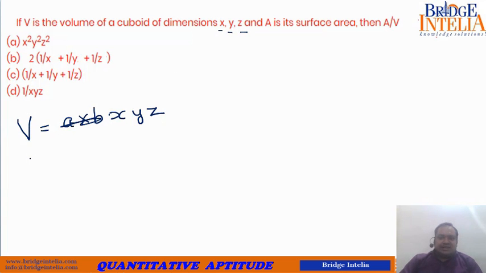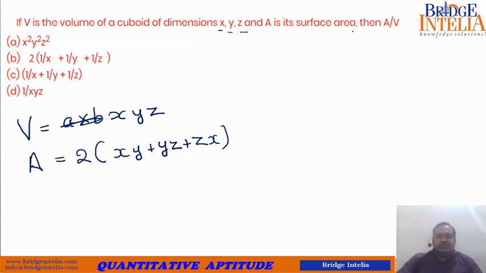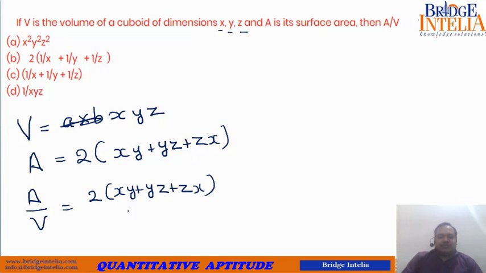Similarly, surface area will be equal to how much? Twice xy plus yz plus zx. So now we have been asked to find A by V. So A upon V is equal to twice xy plus yz plus zx whole divided by xyz.